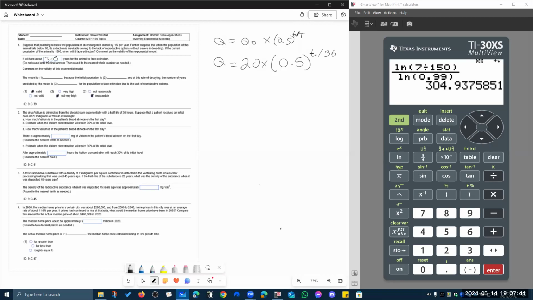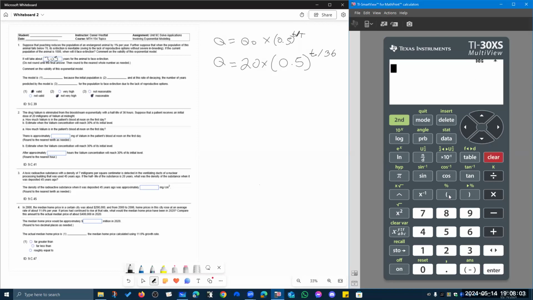All right, and we want to know how much Valium is in the patient's blood at noon on the first day. This is received at midnight, so this is at 0 hours, so 12 hours later. We want 20 times 0.5 raised to the 12 over 36.